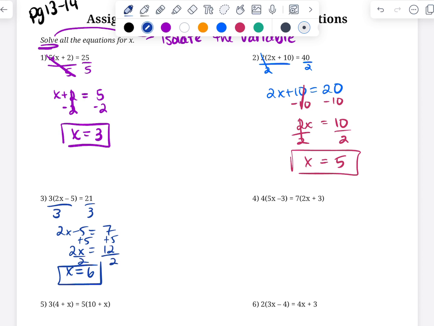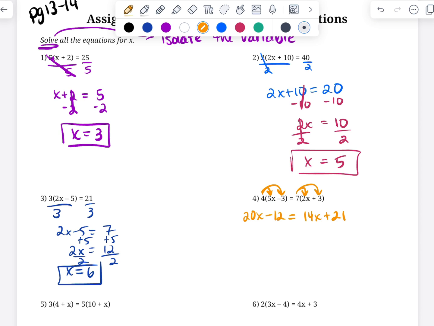All right, number 4 is the first one where I'd say I wouldn't recommend doing this problem any other way than, in terms of starting, distribution. Okay, you're going to distribute the 4 and the 7 to their respective terms. And then in this moment, it's kind of up to you what you want to do.